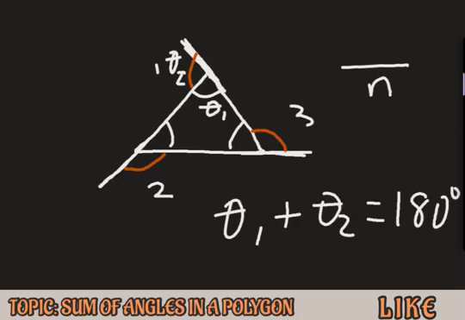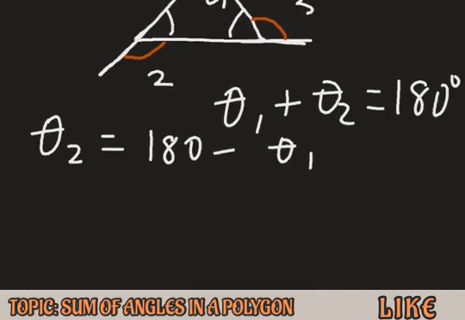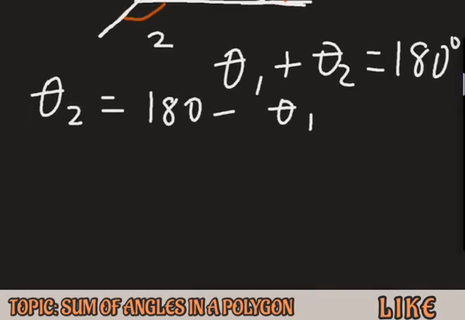That's because theta 1 and theta 2 are both on a straight line, and angles on a straight line sum up to give 180. Therefore, I can say theta 2 is equal to 180 minus theta 1. Good.